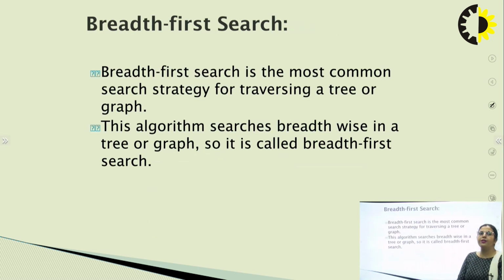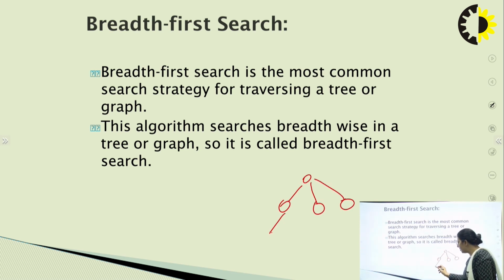So what is the breadth first technique? From the word itself, we can identify the meaning of that searching technique. Breadth first search is basically used to search breadth wise.